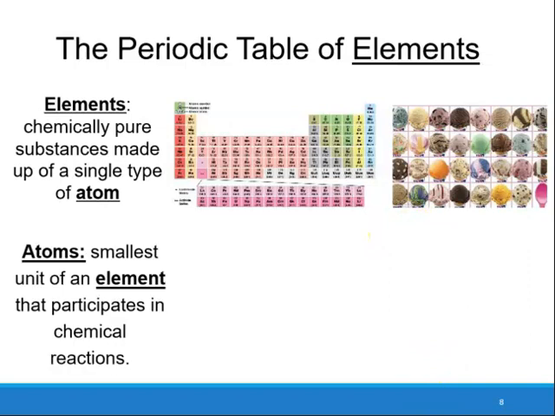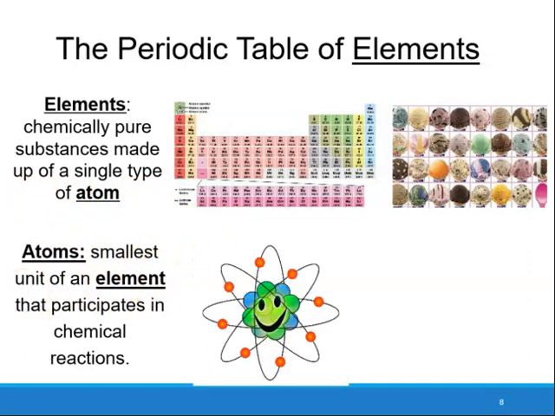So atoms are the smallest unit of an element that participates in chemical reactions. Okay, so elements are made up of a single type of atom, and the atom is the smallest unit. And here we see an atom with the different components that make up the atom. Just like we have different flavors of ice cream, and we have different components that make up the ice cream.